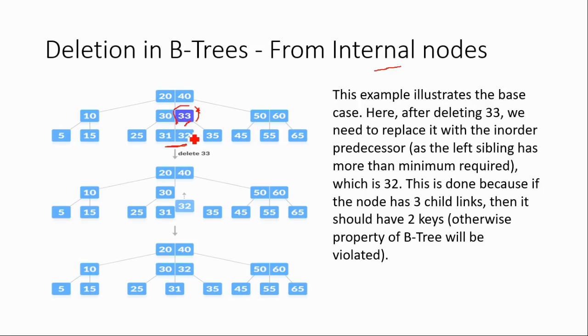So this left child will contain the in-order predecessor of 33, which is 32. If we perform in-order traversal, then 32 will come before 33, and this node has more than the minimum required, so we can transfer one key from there to that internal node.